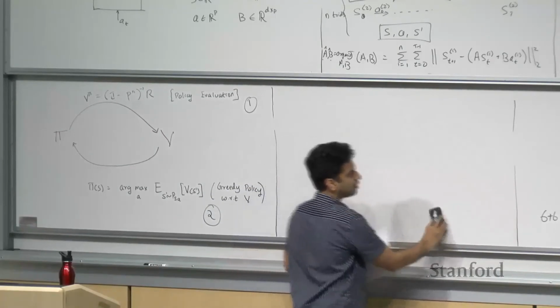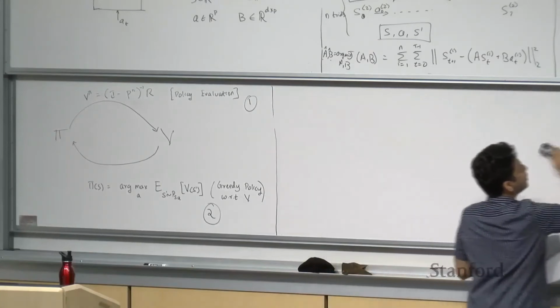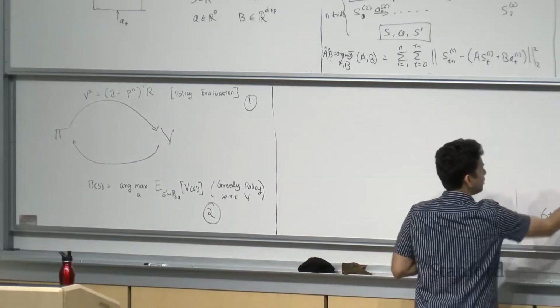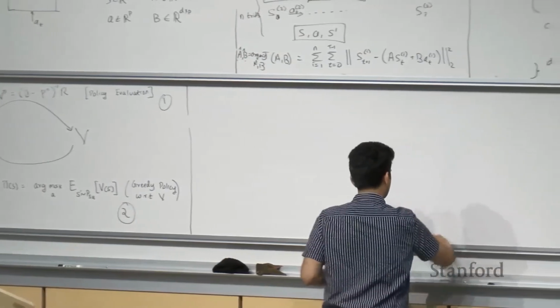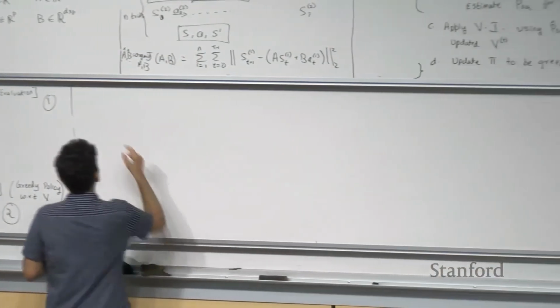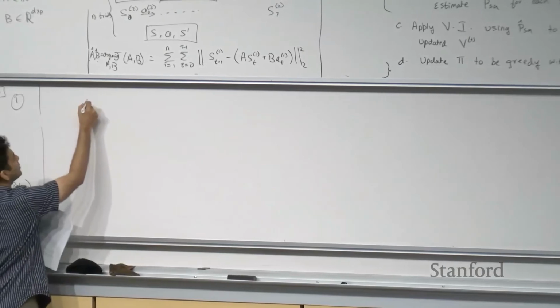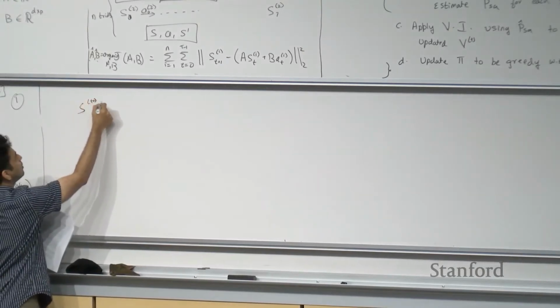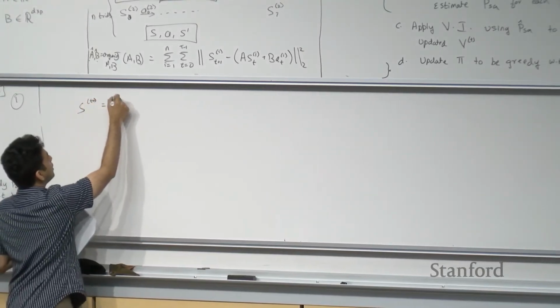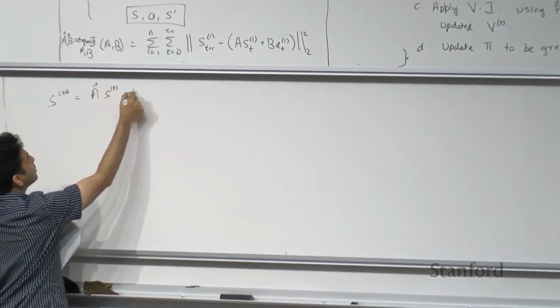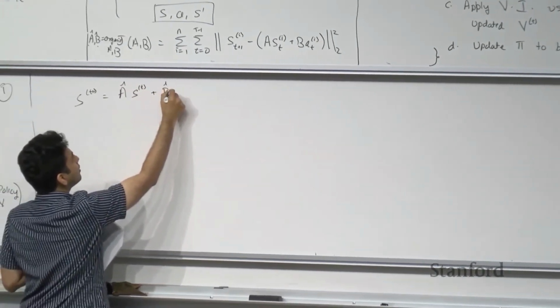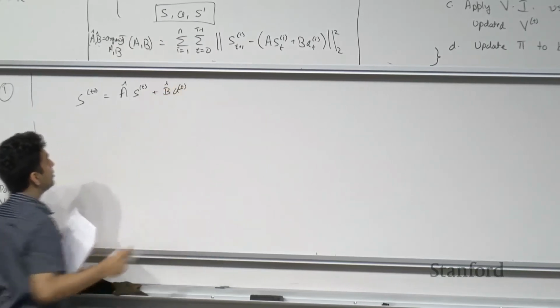So the linear model that we learned was deterministic in some sense, that S t plus 1 is equal to A hat S t plus B hat A t, right?